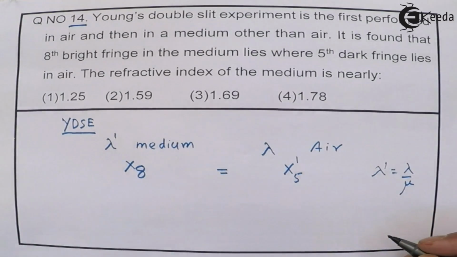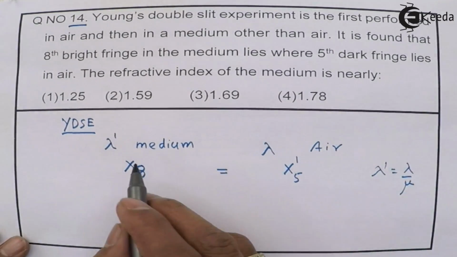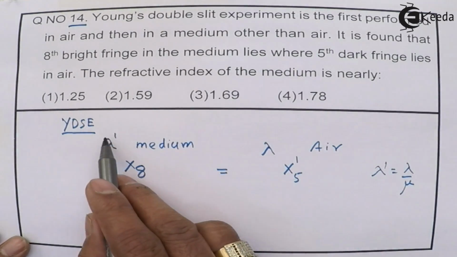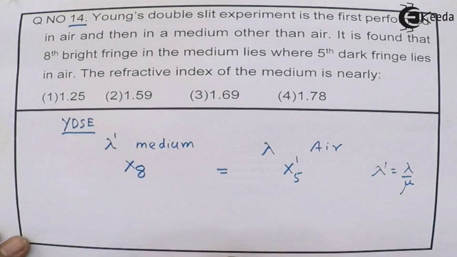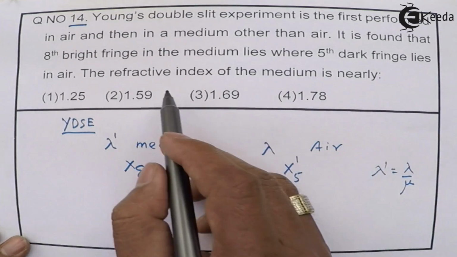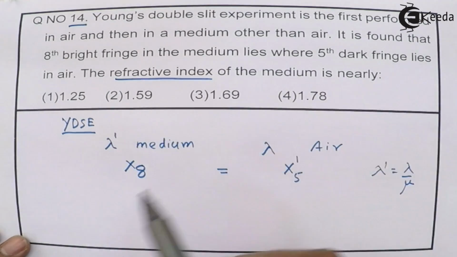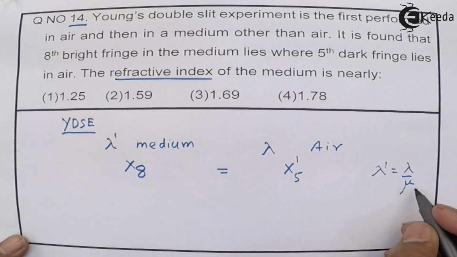I can write this lambda dash as lambda over mu, because then only you can find the refractive index of the medium. So our aim is to find this refractive index.